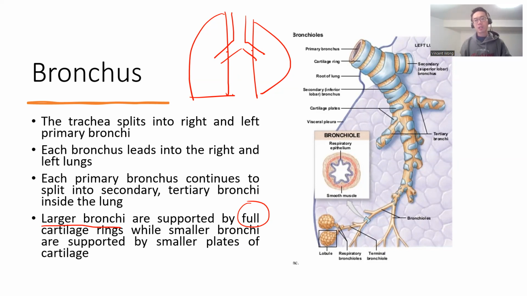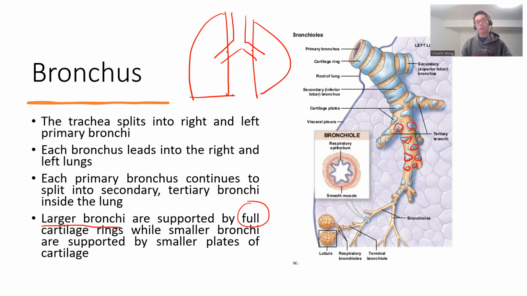However, when they get really small, the rings become little bits and pieces, kind of like bathroom tiles, or think of them as little puzzle pieces that attach onto the airway. It would be too restrictive to have a ring around the smaller airway. Essentially, the ring would be bulkier than the airway, and it would interfere with its function.